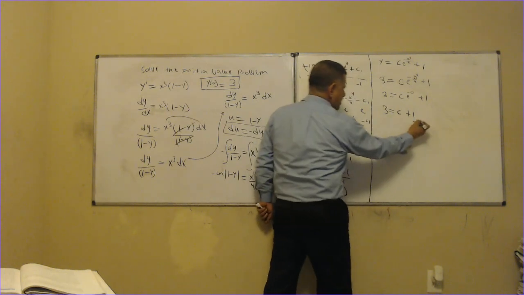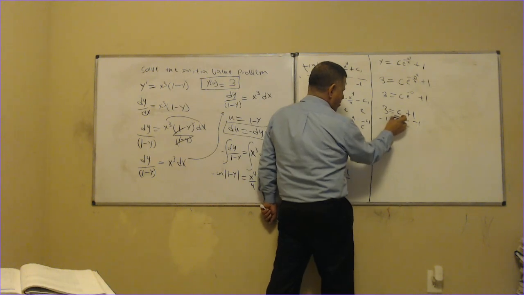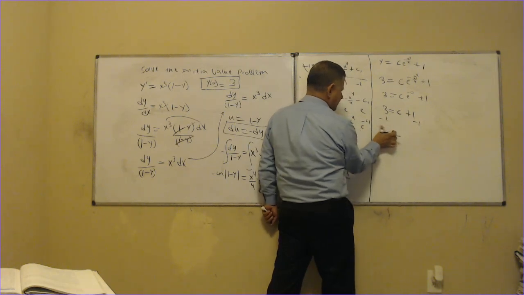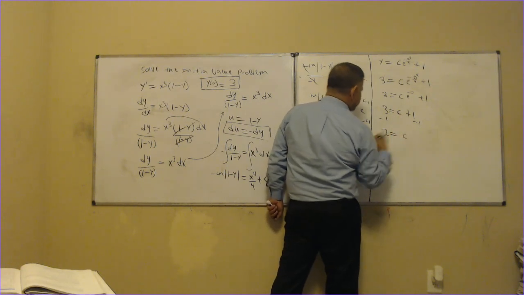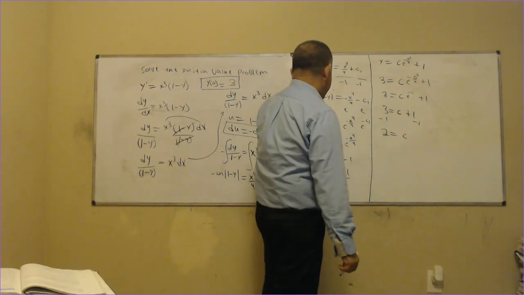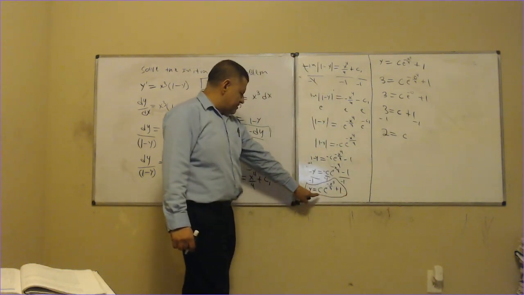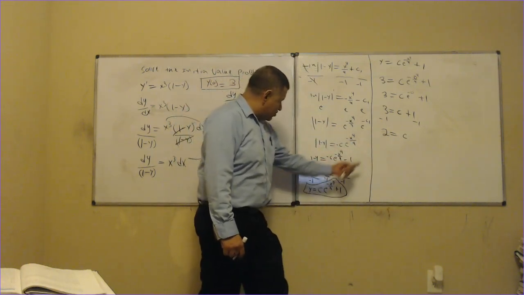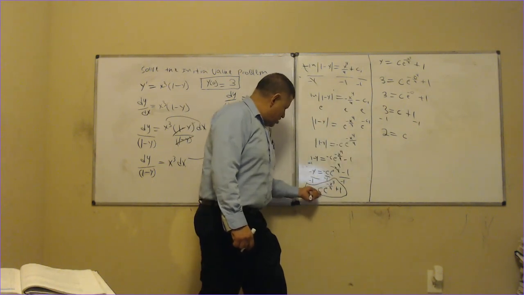Subtract 1, subtract 1, and we get 2 equal to C. Next, we have the 2, and with this expression, C is equal to 2, and we substitute where we have a C over here.